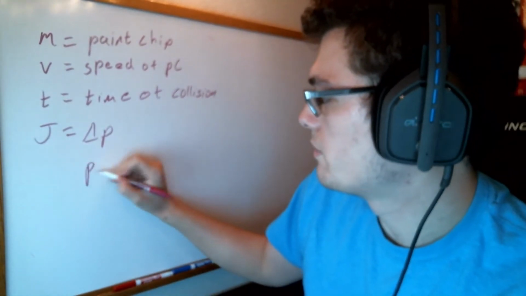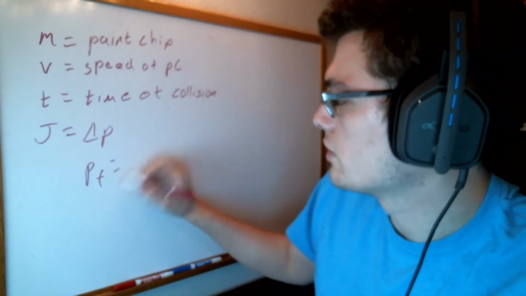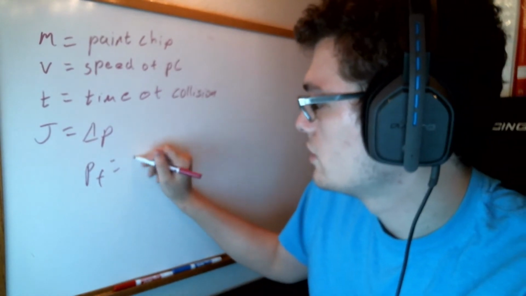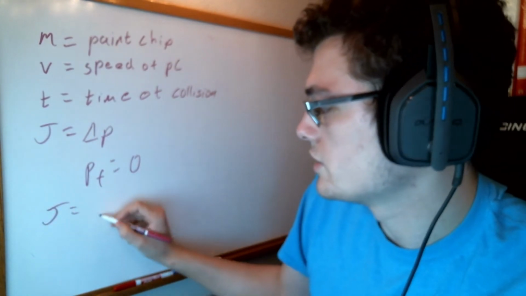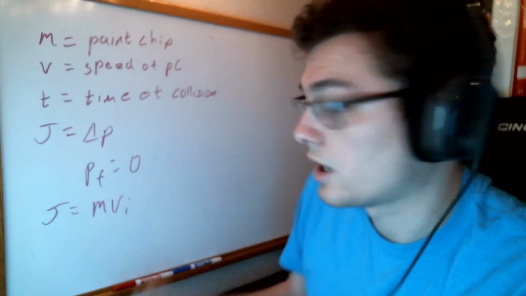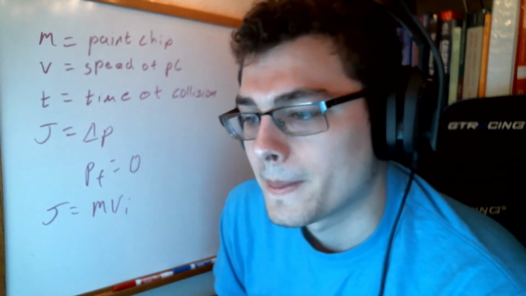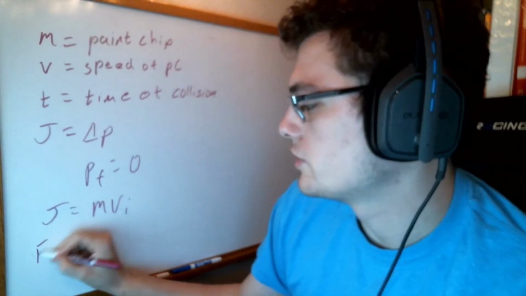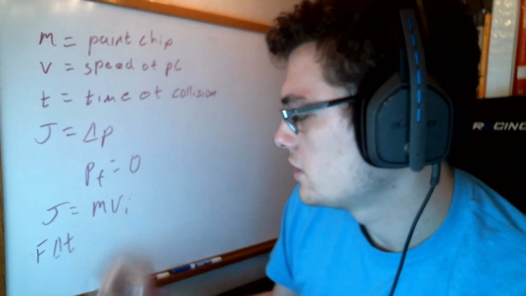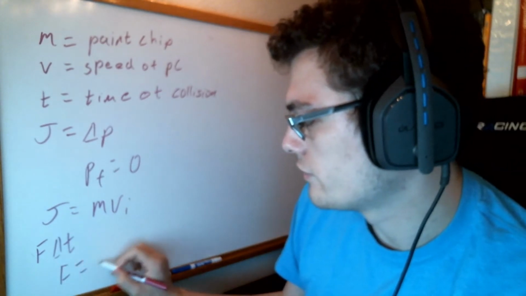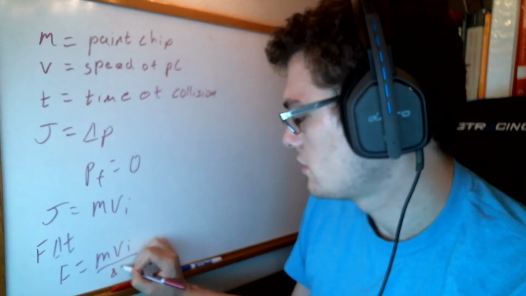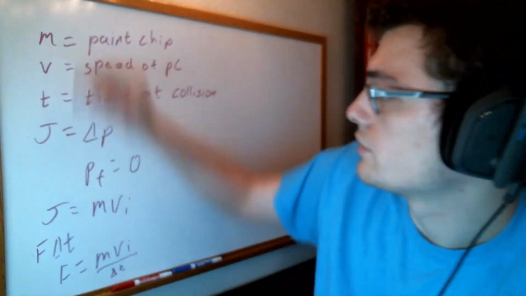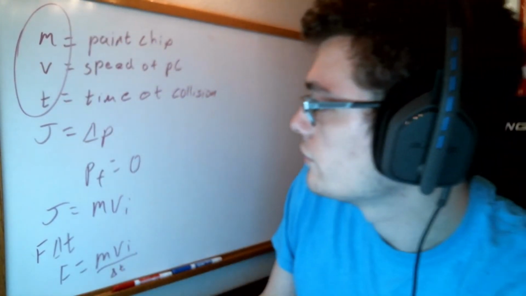So the momentum of the paint chip is going to be 0 at the end, and so then we have to say J is equal to mv_i. Then J is equal to F delta t, and so then you solve for the force like this. So there we have it. We have F as a function of these three.